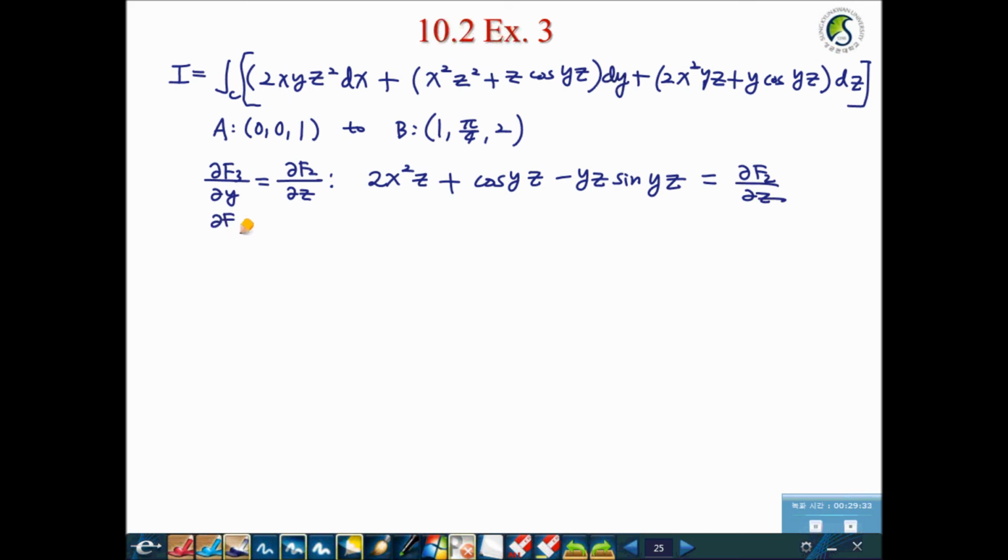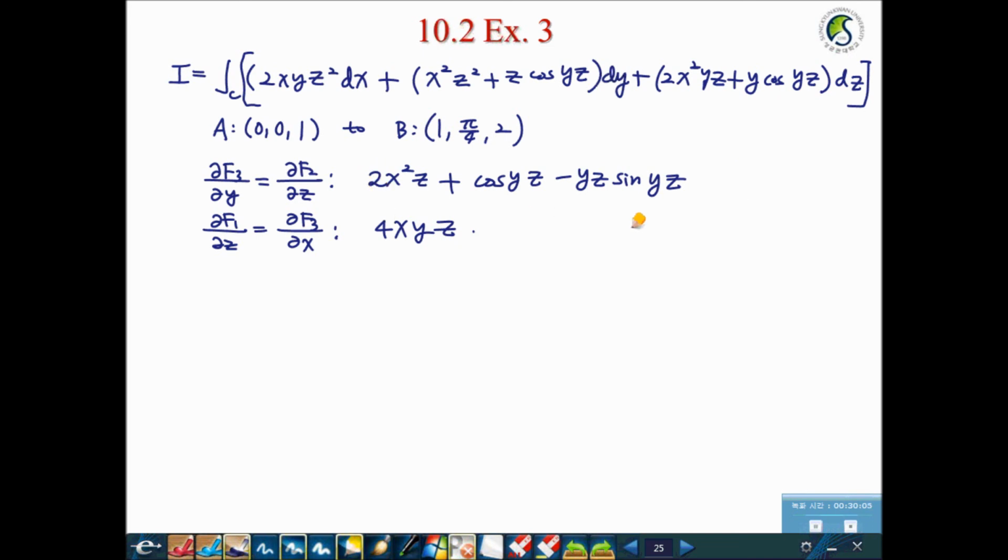And from the condition, dF1 over dz equals dF3 over dx, that has to be the same, okay? And that's 4xyz. I'm just writing, those are the same.